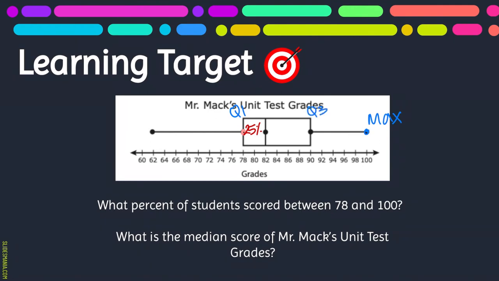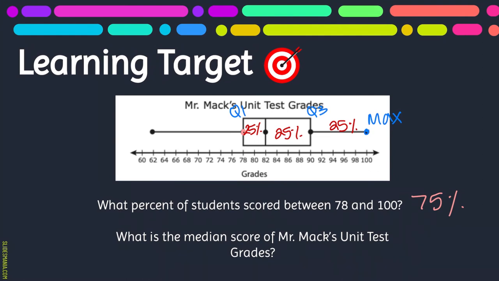From quartile 2 to quartile 3, that's another 25%. And then from quartile 3 all the way to the maximum is another 25%. Because remember, our box plot breaks up all of our data into quartiles. So the percent of students that scored between 78 and 100 is 75% of students.